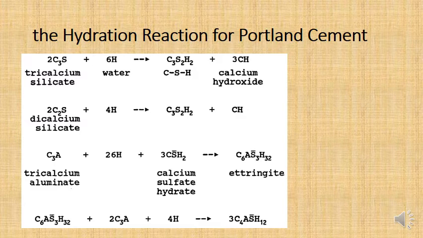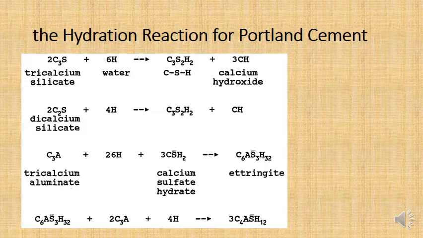So we need to make sure that that water stays inside the concrete, and that's where curing comes in. That's why you'll often see people trying to keep concrete wet even after it's gone solid. They want to keep it wet so there's water for the cement to react with.